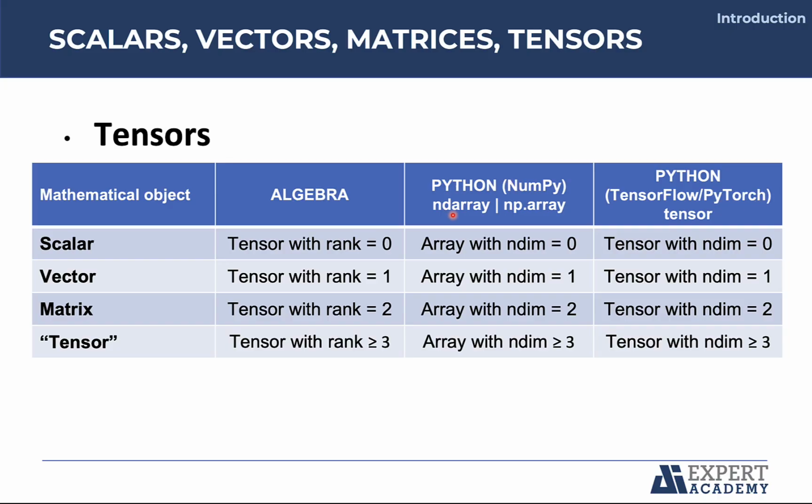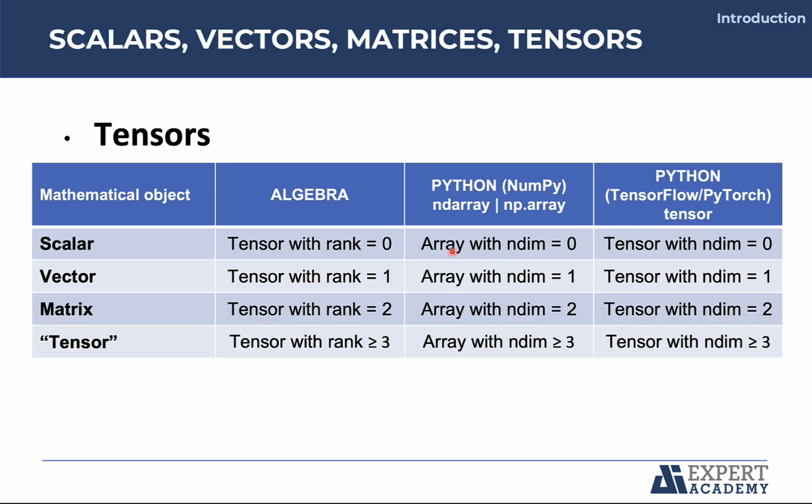In NumPy, the class that represents tensors is called ndarray, which means n-dimensional array, or NumPy array. Considering the mathematical object, in algebra, we represent a scalar as a tensor with rank 0.